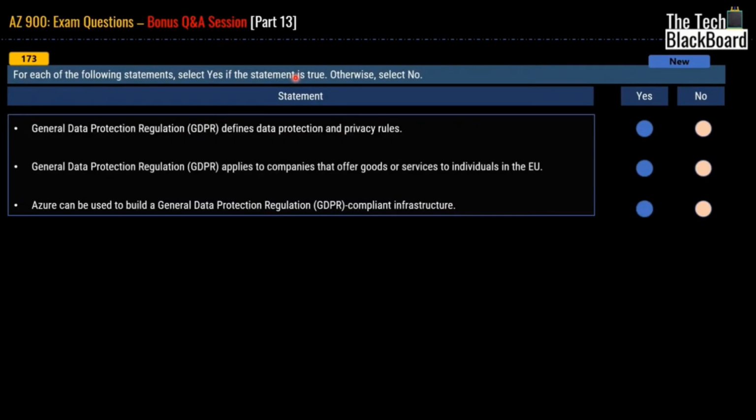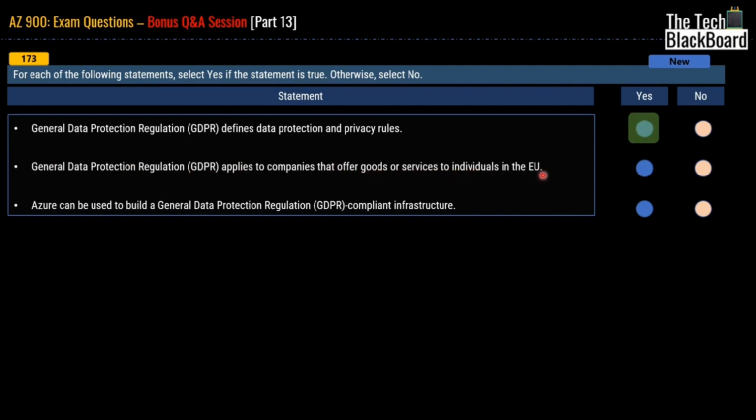Coming to question number 173, a yes/no kind of question, we read the first statement. It says that General Data Protection Regulation, or better known as GDPR, defines data protection and privacy rules. The correct answer for this statement is yes. Then in the second statement, we have: GDPR applies to companies that offer goods or services to individuals in the EU.